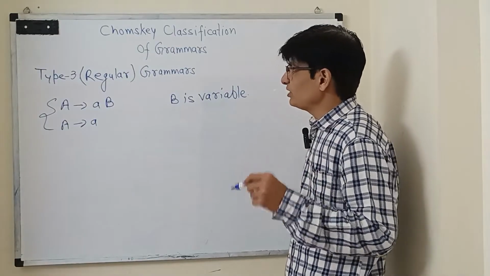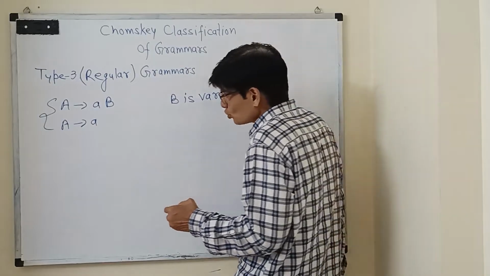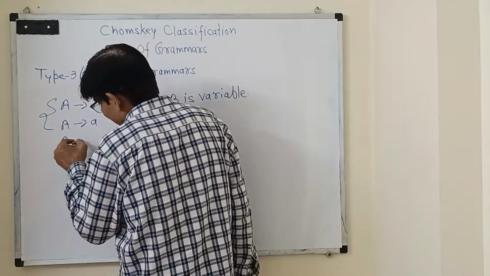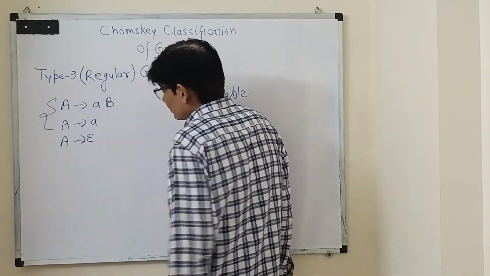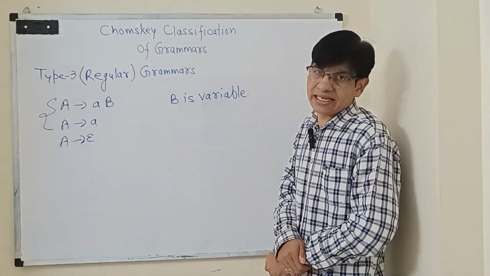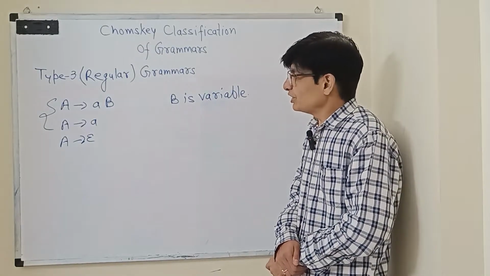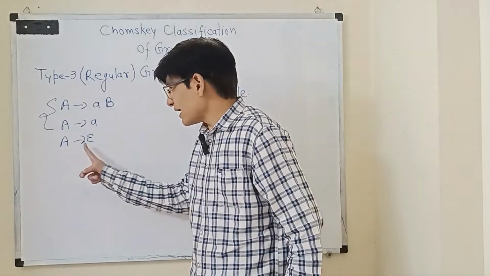And if your grammar is generating epsilon, in that case you can also include A gives epsilon. If epsilon is a valid string for this grammar, then you can also include A gives epsilon.